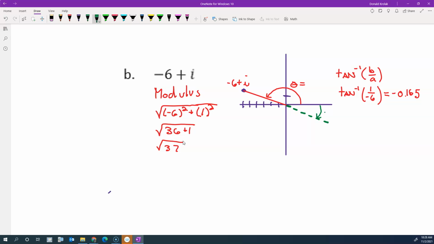Okay, so that's negative 0.165. Okay, so this one right here is 0.165.